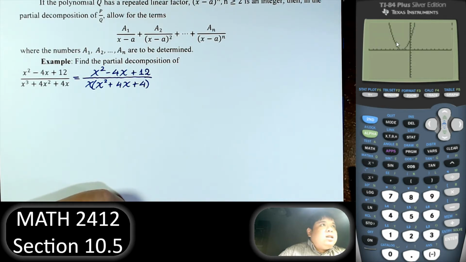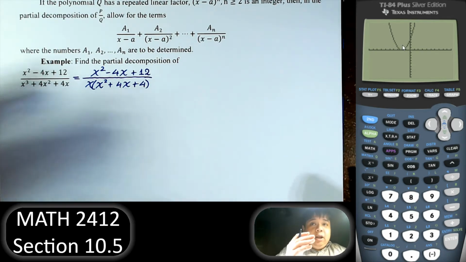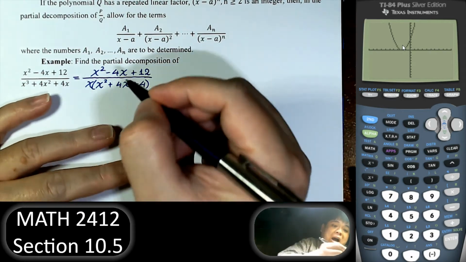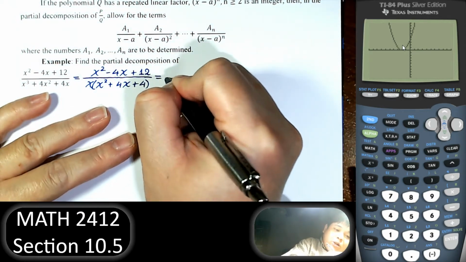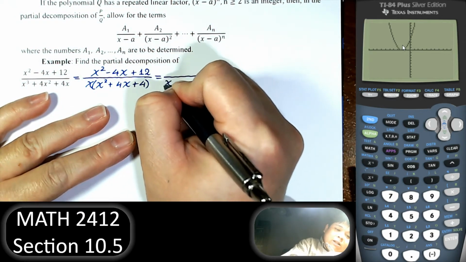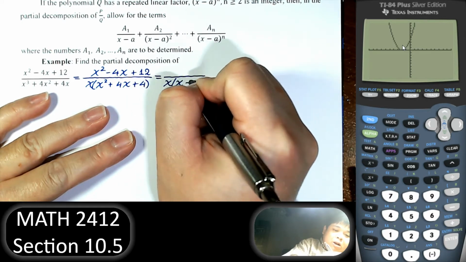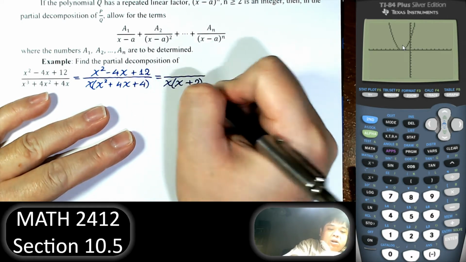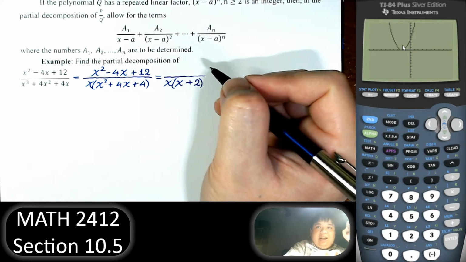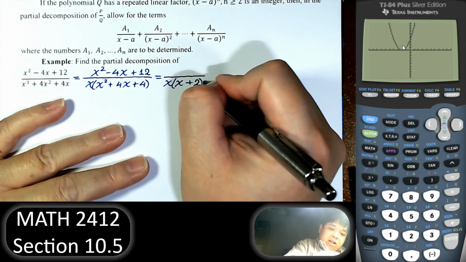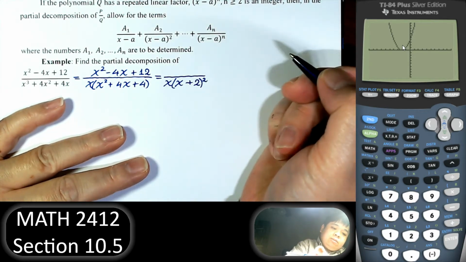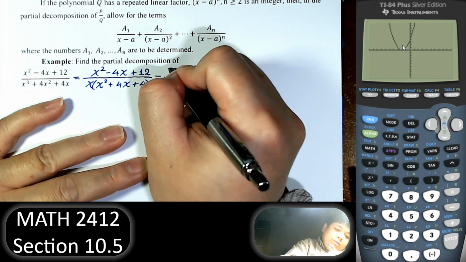We see that the graph touches the x-axis at -2, meaning -2 is a 0. X minus -2 is a factor, so x plus 2 is a factor. Multiplicity of 2 because that is touching the x-axis.